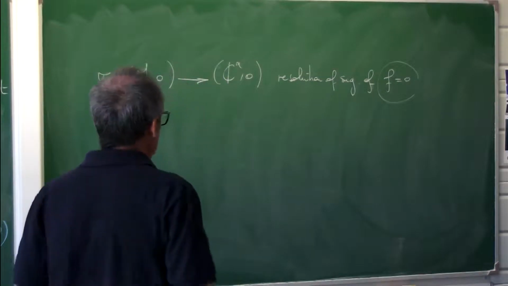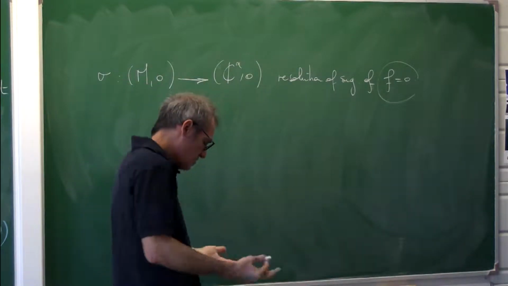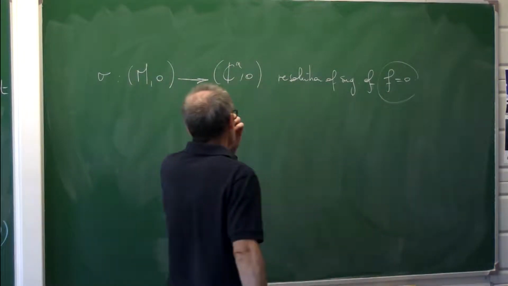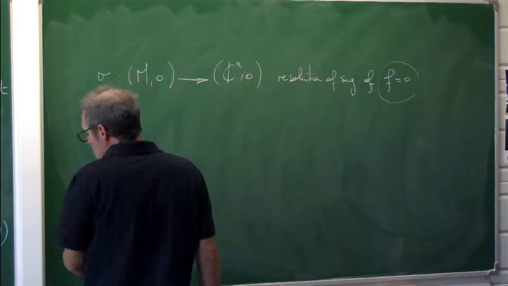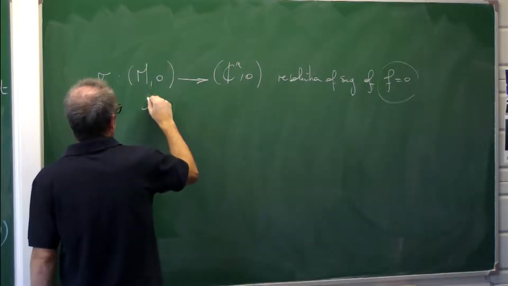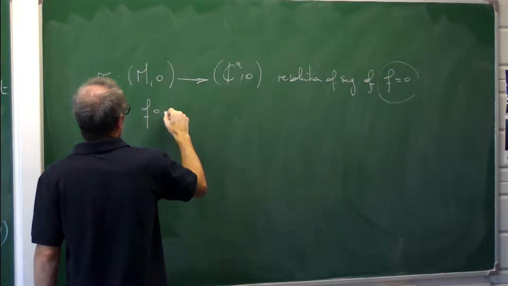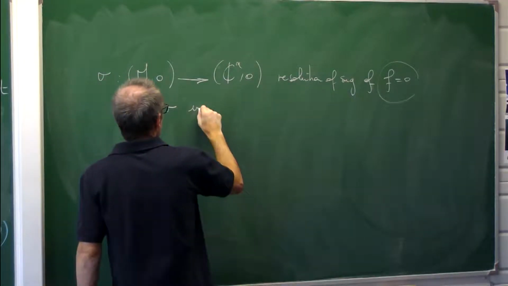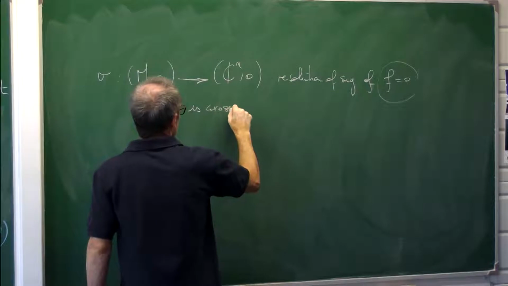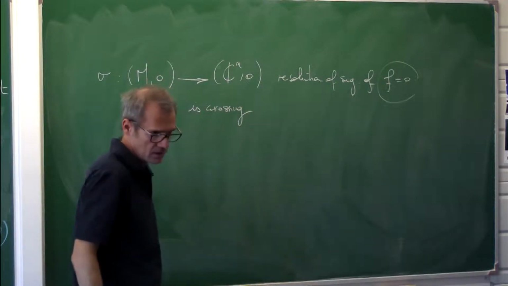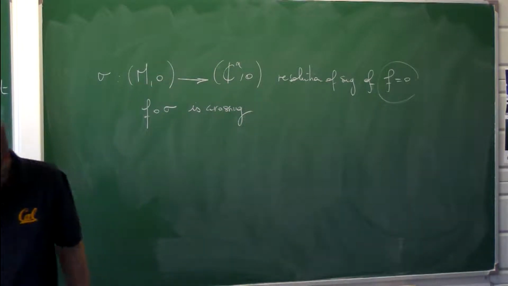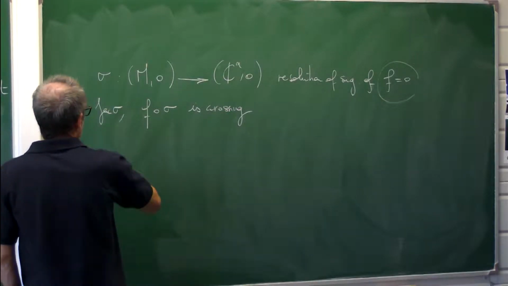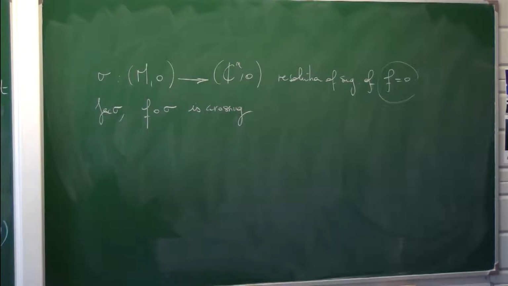Okay, so we understand everything away from the singular fiber. We also assume that F composed with sigma is normal crossing, and we assume that the Jacobian of sigma is also normal crossing for technical reasons.